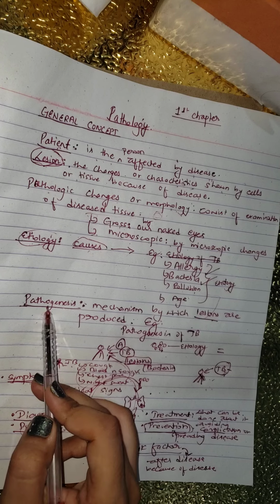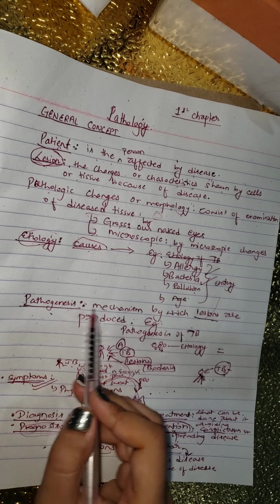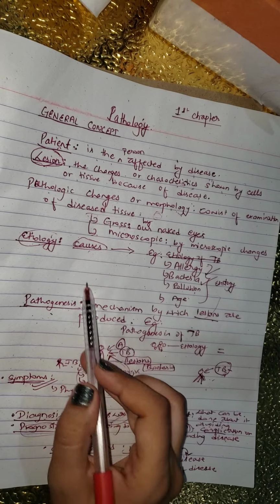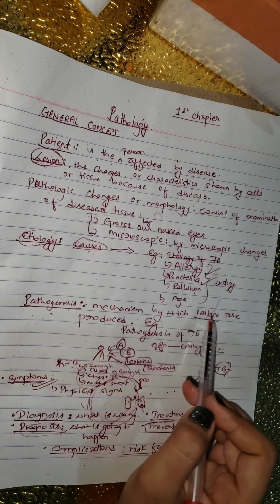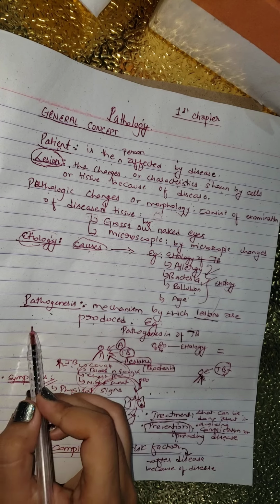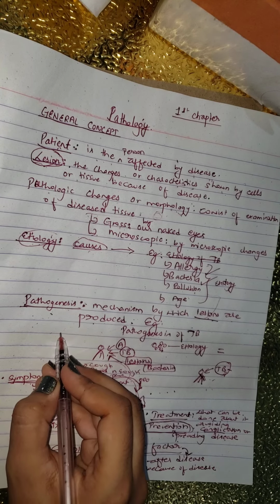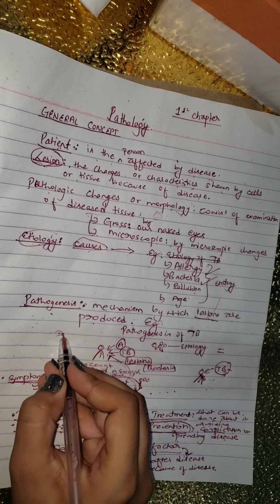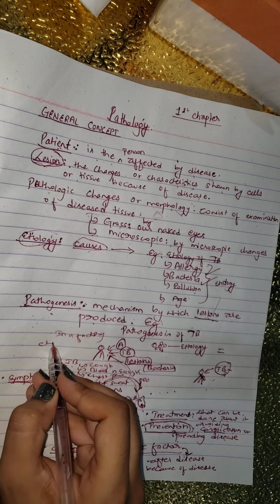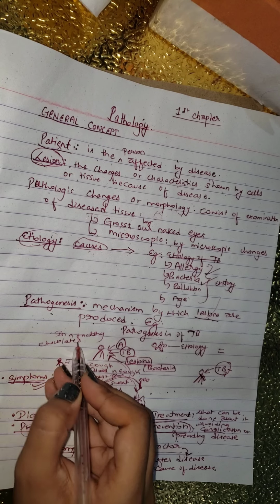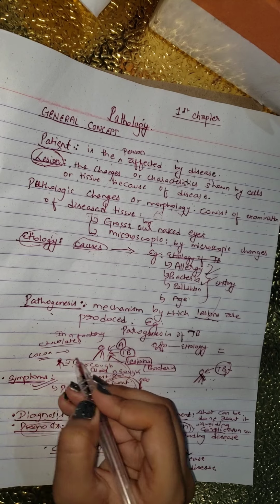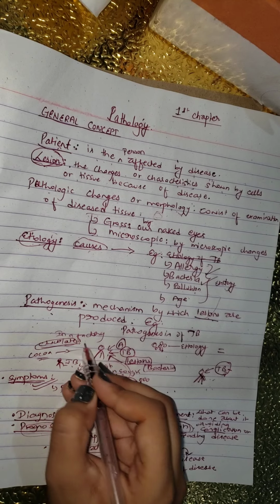What is pathogenesis? Pathogenesis is the mechanism, or we can understand it as the cycle or mechanism by which lesions are produced. For example, to make a chocolate in a factory, the cocoa has to go through a certain process to become chocolate.